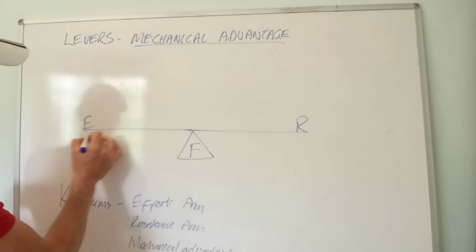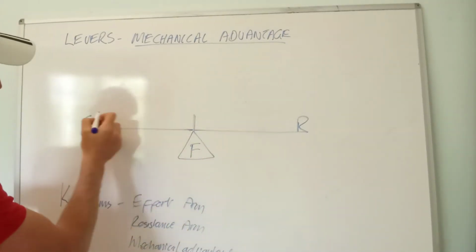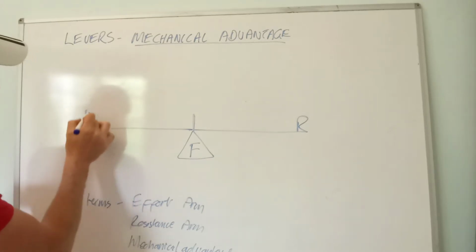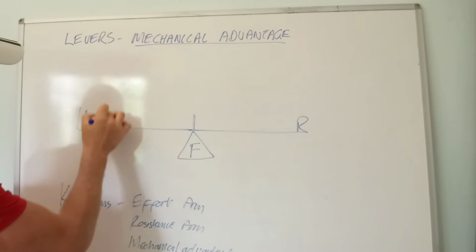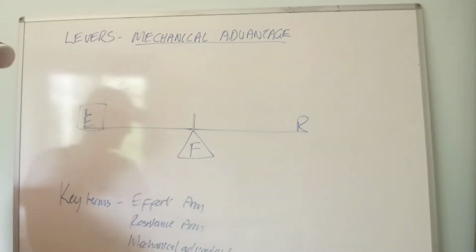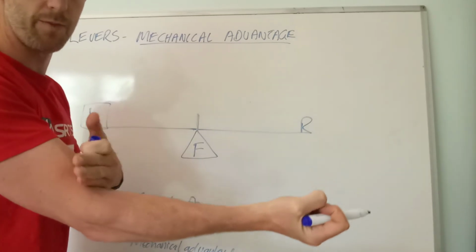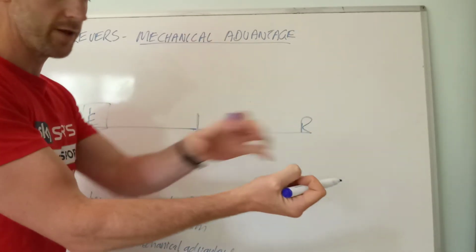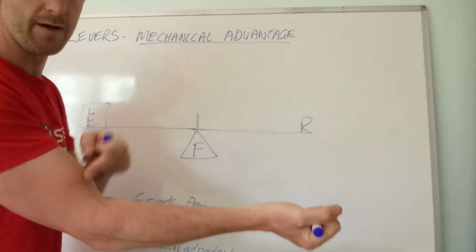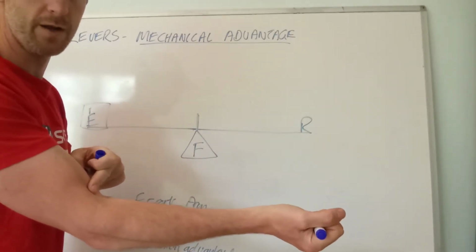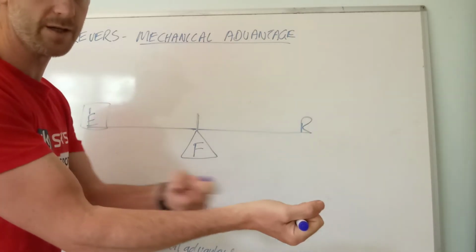The resistance arm is the distance between the middle of the fulcrum and the middle of the mass. For example, you might have a load here that you're trying to lift. If it was the end of your hand, with the fulcrum at the elbow and the weight was the pen, then the middle of the pen to the middle of the elbow joint is the resistance arm.